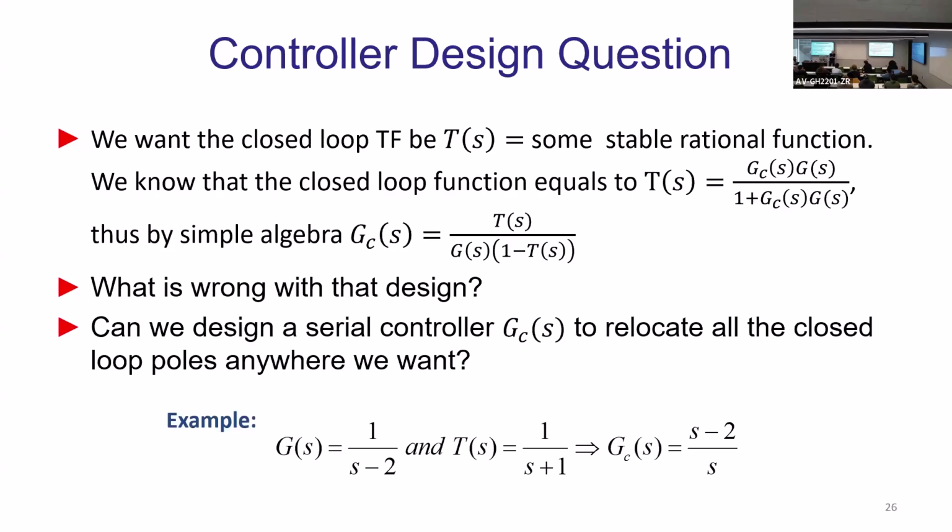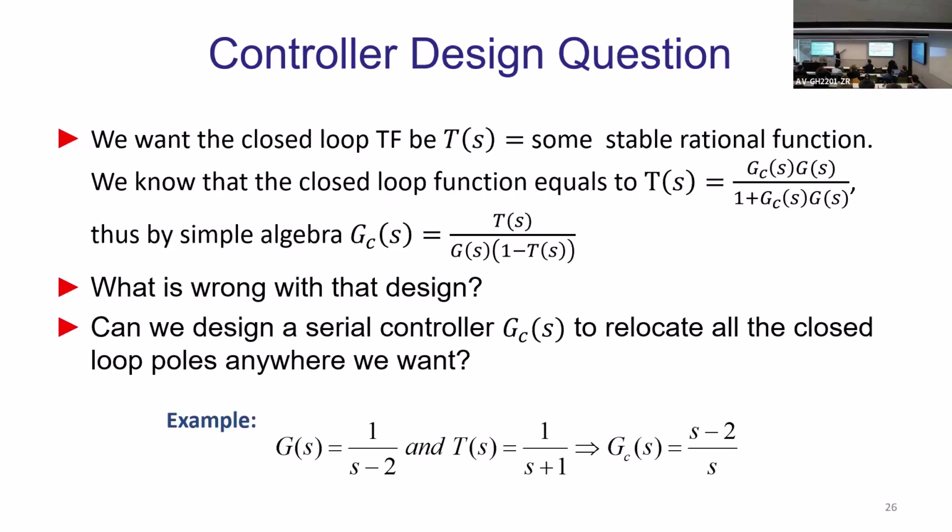So look at the practical perspective on that system. Again, you don't know G of S precisely. What will happen if instead of 2, I'm putting here 2.000000001, which is practically the same thing? Instead of that, I have practically the same transfer function, right?